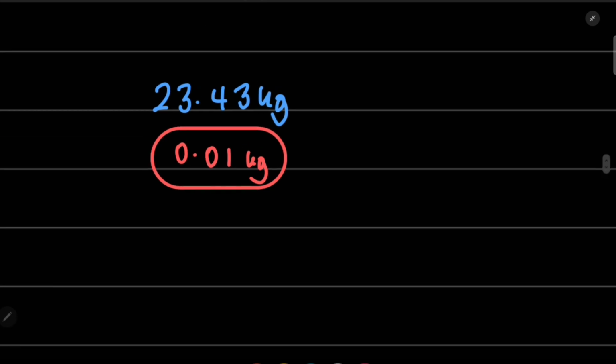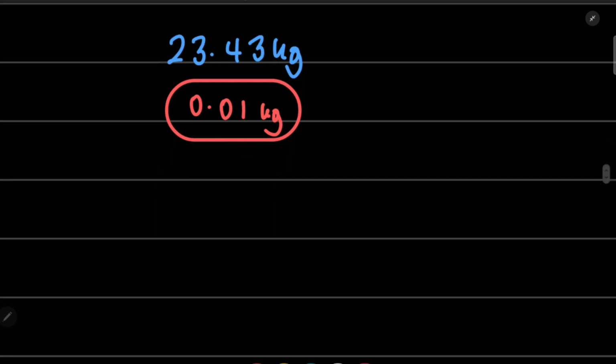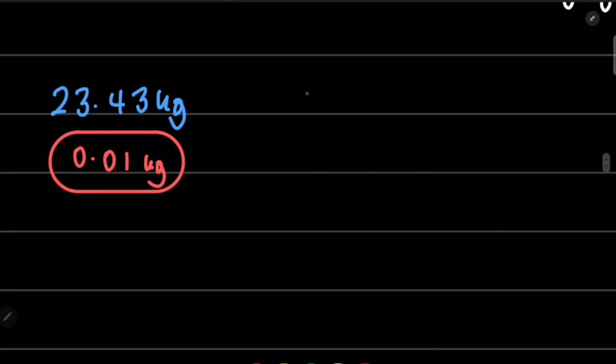This will be the smallest value. You go to the smallest place value of the kilograms. So in this case, the smallest value it can read is hundredths or 2 decimal places after the point. So this is 0.01 kg. If the weighing balance was better, it could read more decimal places. For example, it could read values like 23.432 kg.